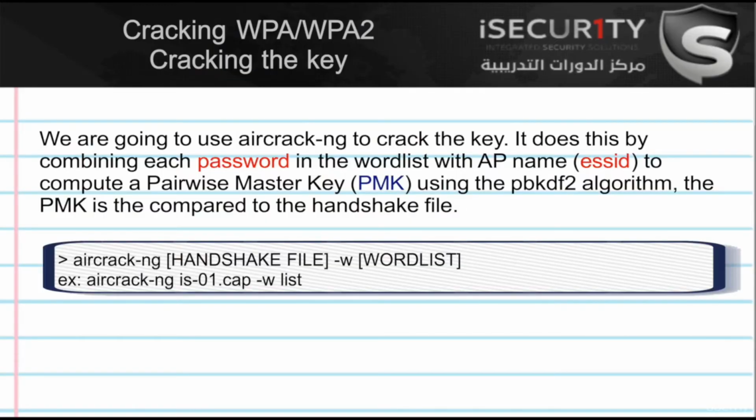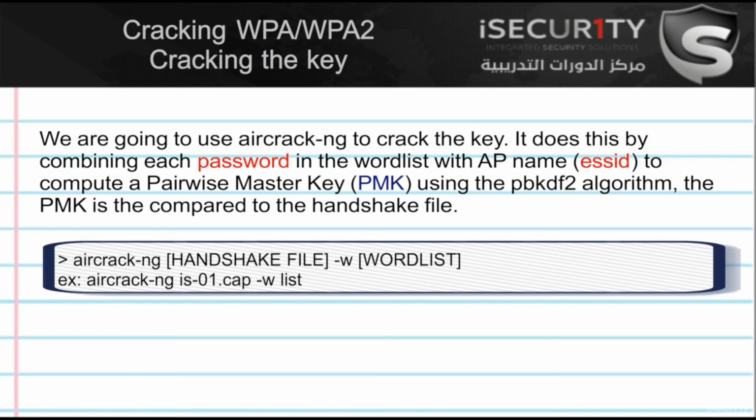Now that we've captured the handshake from our target access point and we have a word list ready to use, we can use aircrack-ng to crack or determine the key for the target access point. Aircrack-ng is going to go through the word list file. It's going to combine each password with the name of our target access point to create a PMK. The PMK is created using a certain algorithm called PBKDF2.